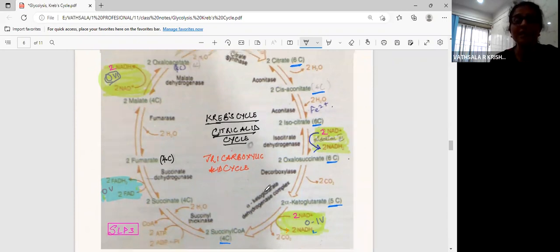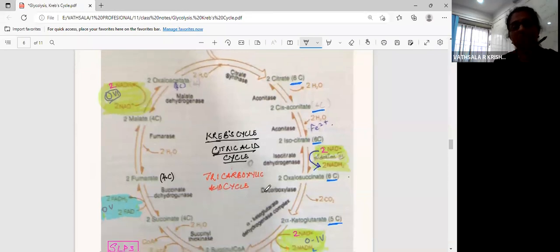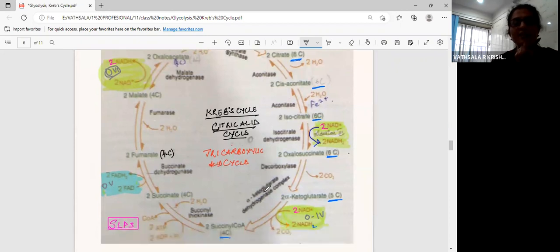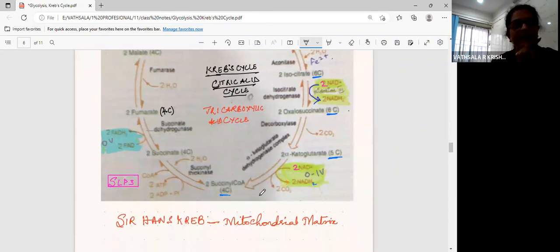Where is the second decarboxylation? Oxalosuccinate, online students. Oxalosuccinic acid to alpha ketoglutaric acid, second. And again alpha ketoglutaric acid to succinyl-CoA, third. And then again where?